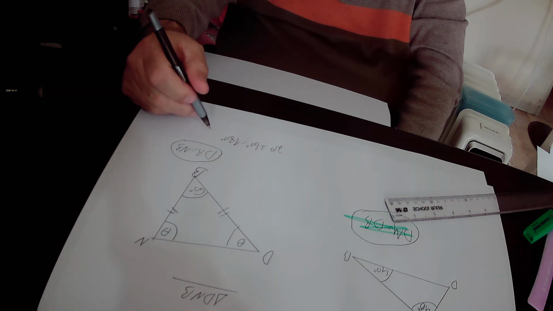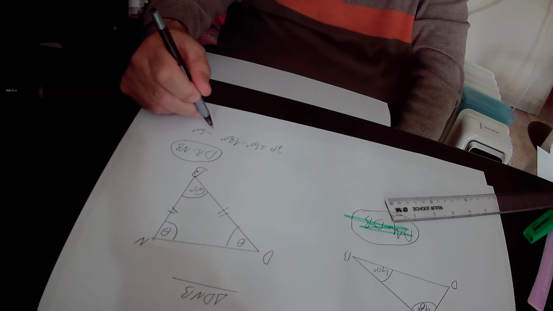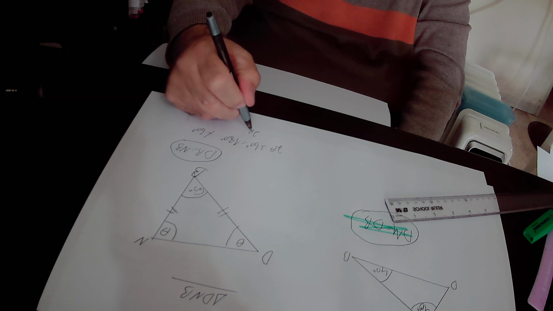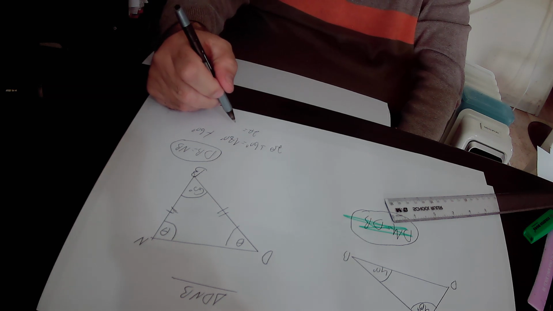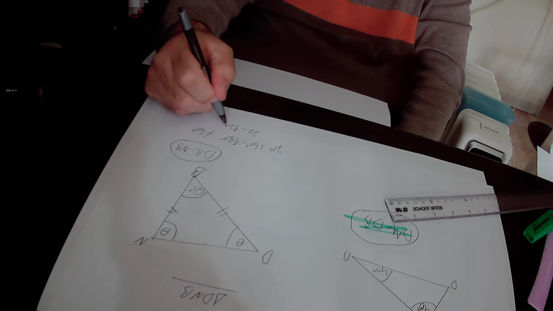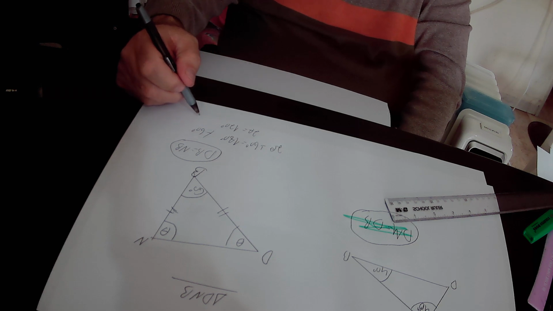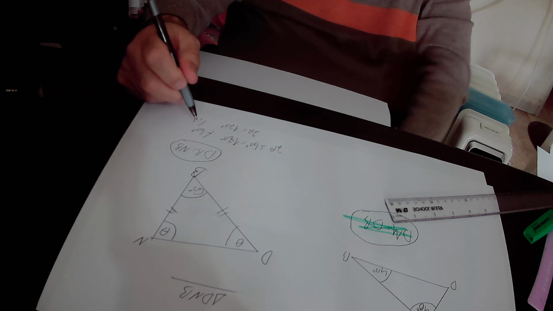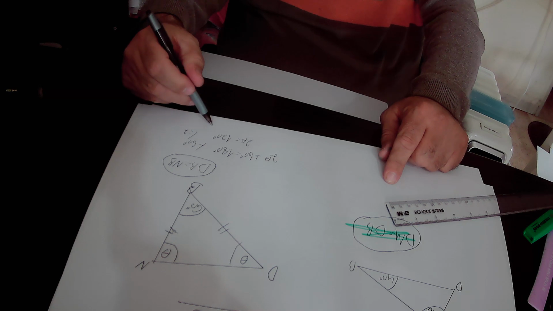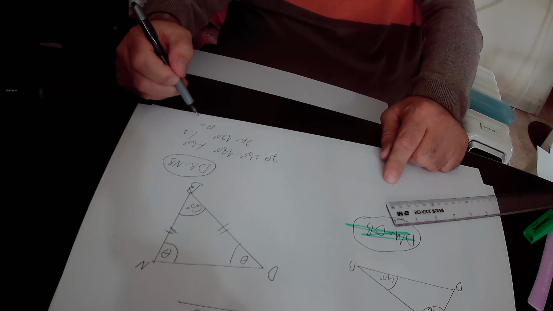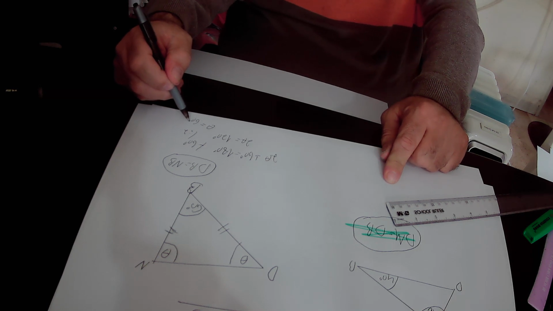You subtract 60 degrees, and you get 2 theta equals 180 minus 60, which is 120. We divide by 2, and finally angle theta equals 120 over 2, it is 60 degrees.